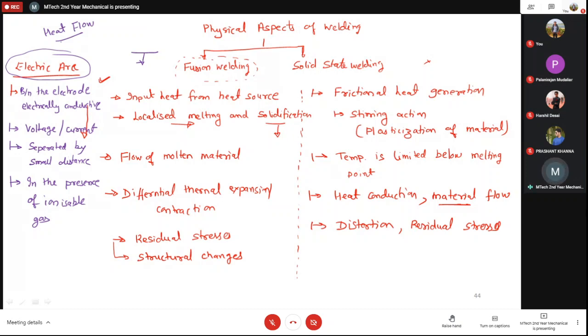The temperature is in the range of thousands, and when it strikes toward the workpiece in the narrow area, it is suddenly transferred to the workpiece through various modes: conduction, convection, radiation. Mostly the conduction happens at that place. So we'll model through the conduction equation, and then it melts the workpiece and then does the work.